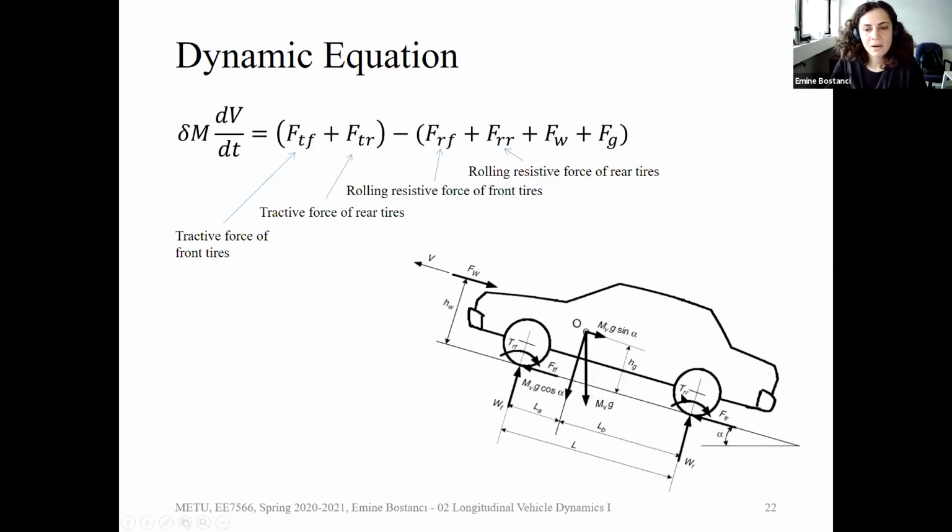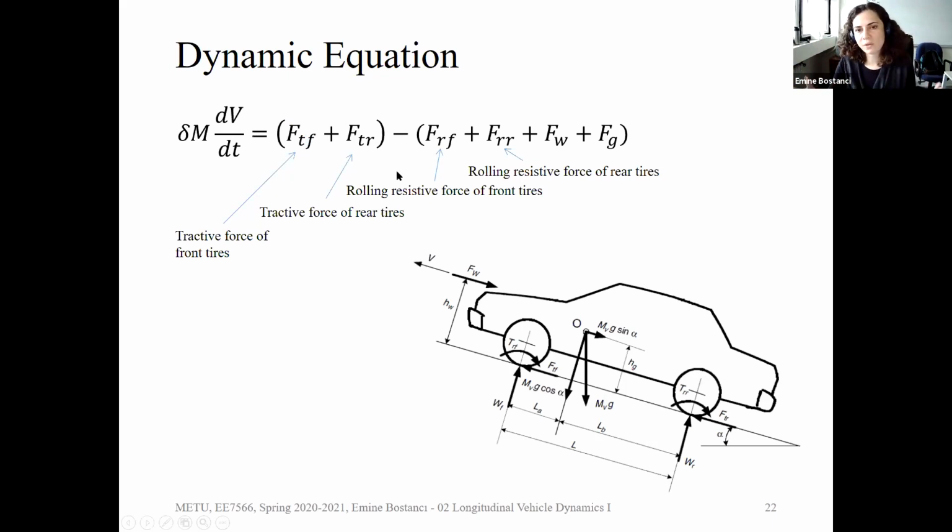Okay, so when we sum up what we have learned, I need to finish the lecture slowly. We know that we are going to have the tractive force. This is what we will discuss in the lectures, how much tractive force we can get on the tires. This is the tractive force on the front wheels, and this is the tractive force on the rear wheels.